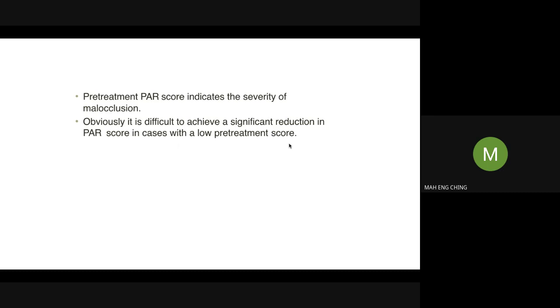Let's say you have a little bit of malocclusion here and there, then you're not going to get a reduction at the end because it started with a very low PAR score. So that is not considered a great treatment. That's why for the UK or Malaysian governments, we try to allocate the resources to the more needed patients. So usually if the PAR score is too low, we wouldn't start the treatment because it's not worth it.